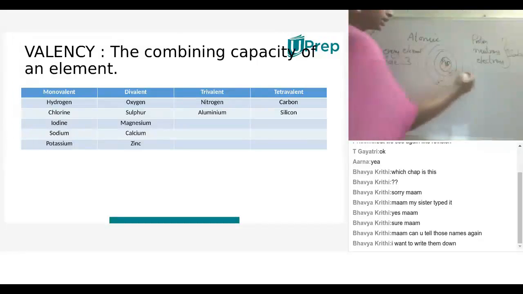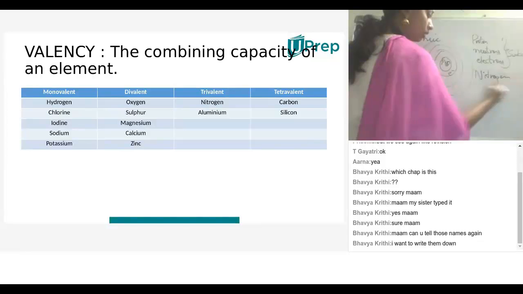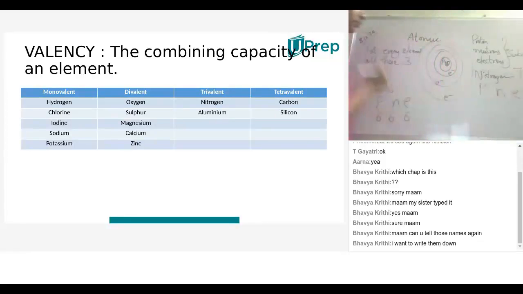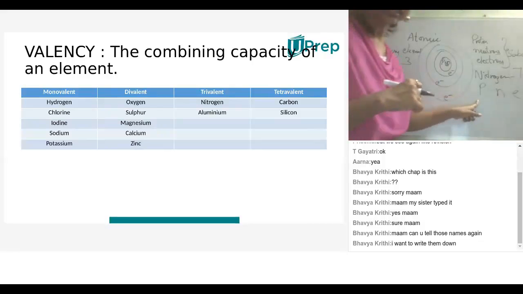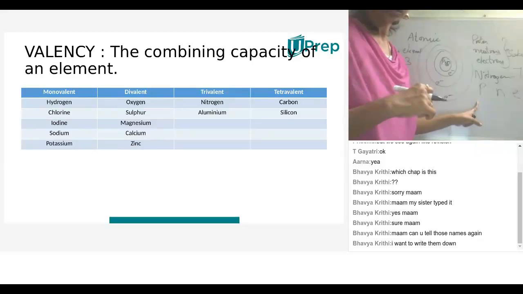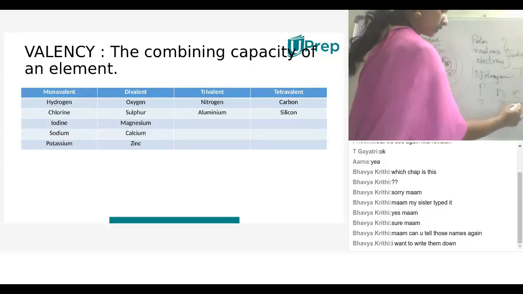If I go with nitrogen, what is the atomic number? Atomic number 7. So how many protons are there in nitrogen? 7. Neutrons? 7. Electrons? 7.